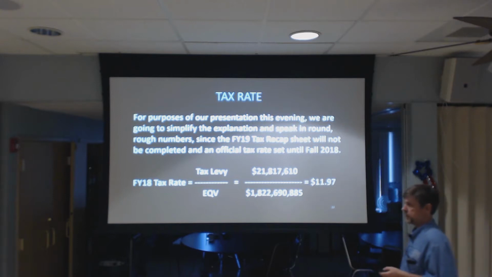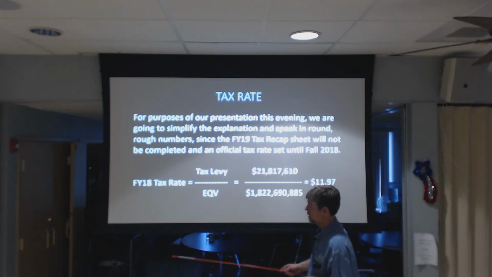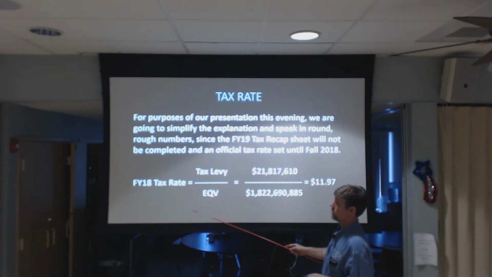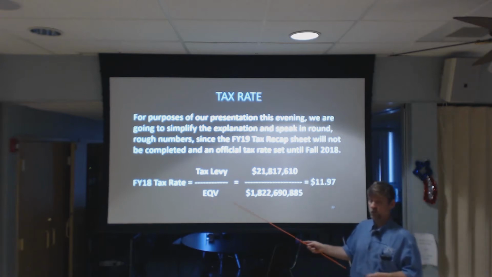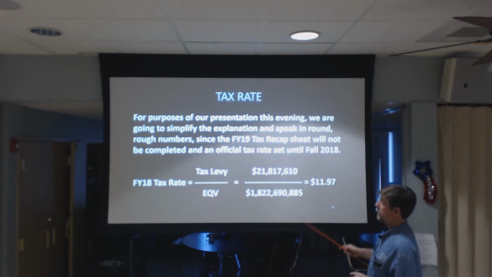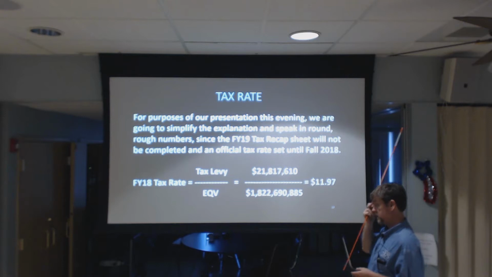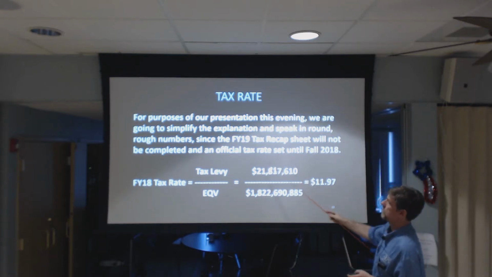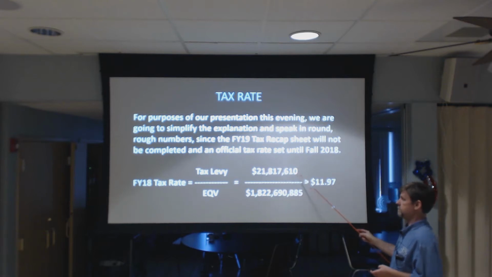So the fiscal year 18 tax rate, which is the fiscal year that just ended June 30, is computed by taking the tax levy of the town divided by the EQV. That's all the tax rate is. So if you take that 21, this was the tax levy with the debt exclusions and capital assessments built into it in fiscal year 18.